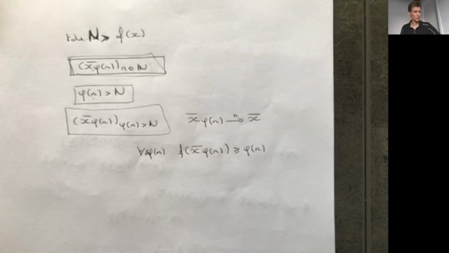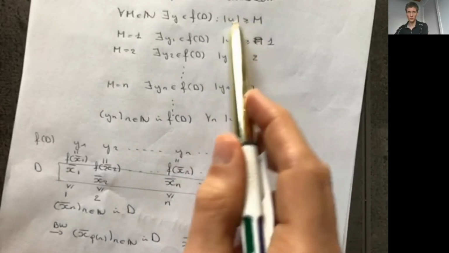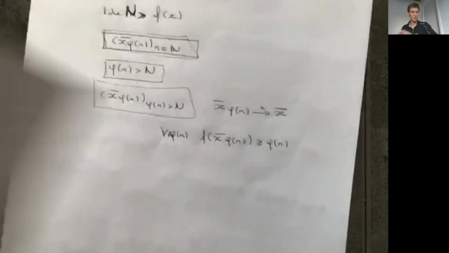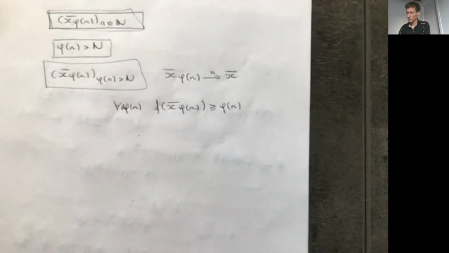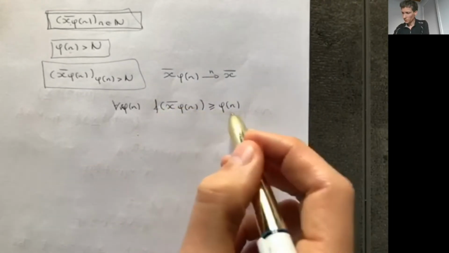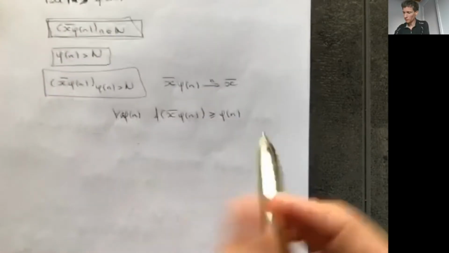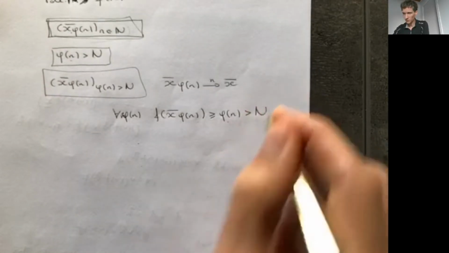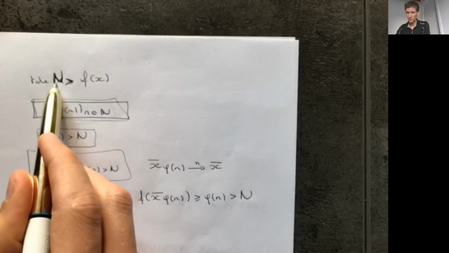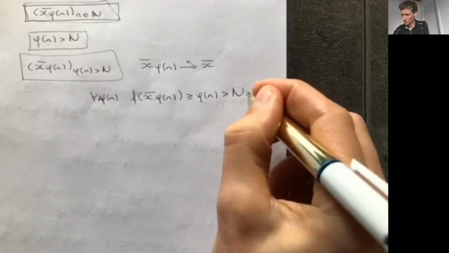This is just by this inequality, which was obtained from the definitions of the y's that you had here. So f of x phi n is bigger than phi n, and we only looked at phi n's that are bigger than N. And this big N is greater or equal to f of x.